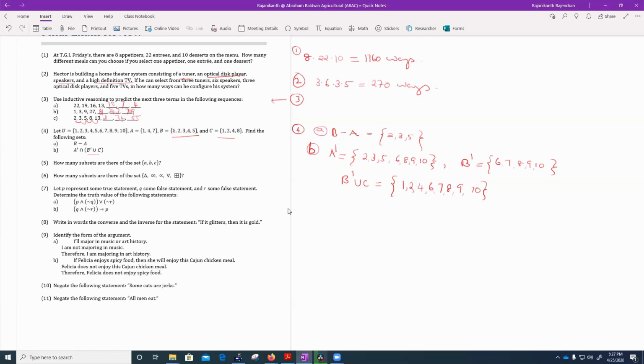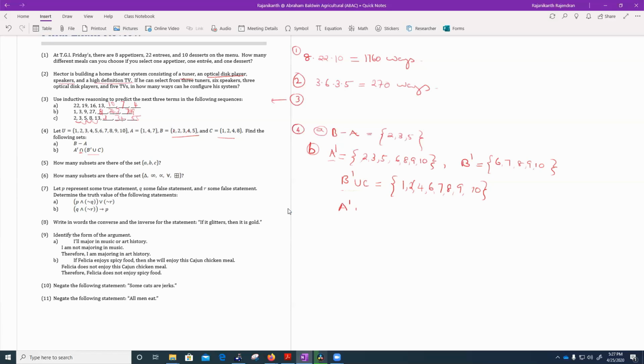Now what do we need to do? We need to combine B prime union C with A prime using the intersection. That means we are looking for the elements which are common to both sets. So what are the elements common to these two? The common element is 2.